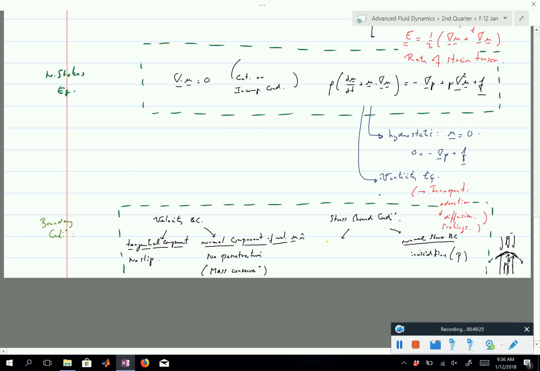You also have a tangential stress boundary condition. Again, if you have a fluid-fluid interface, say there is no surface tension, there is no way that your interface carries any stress.